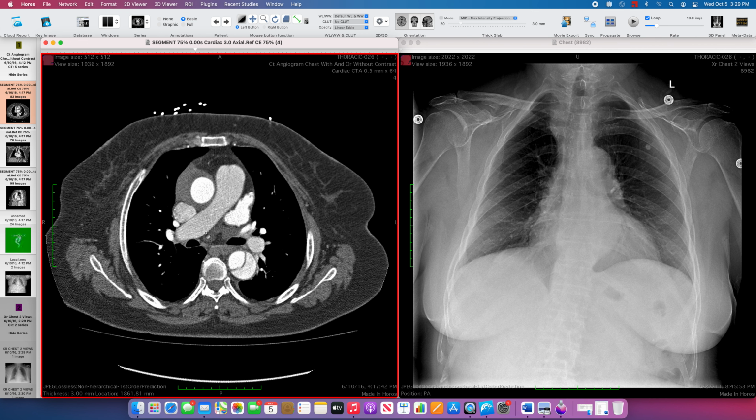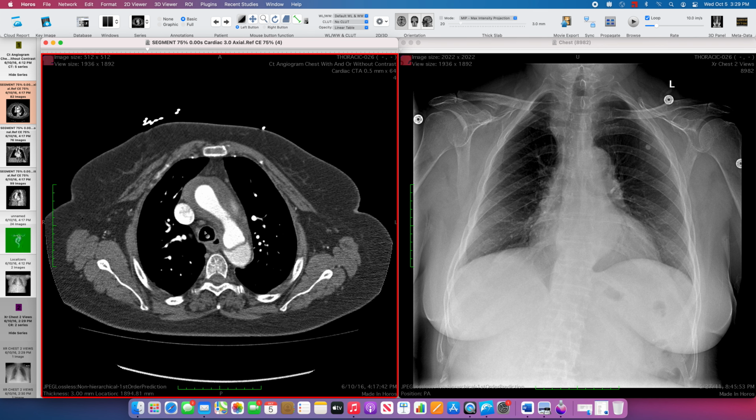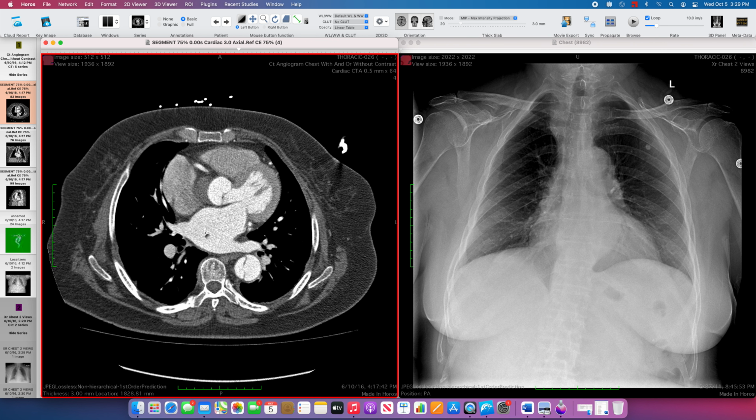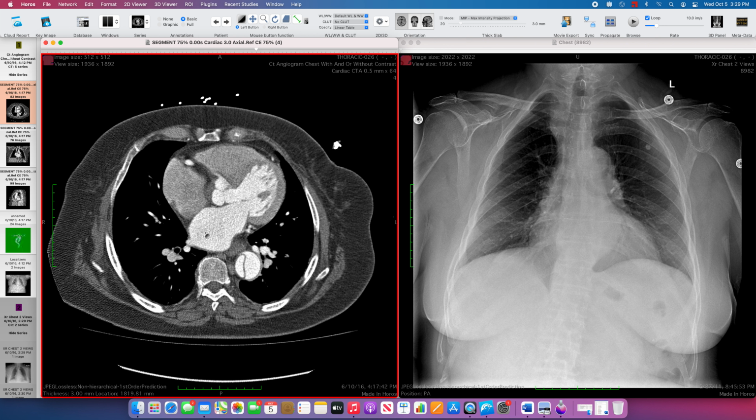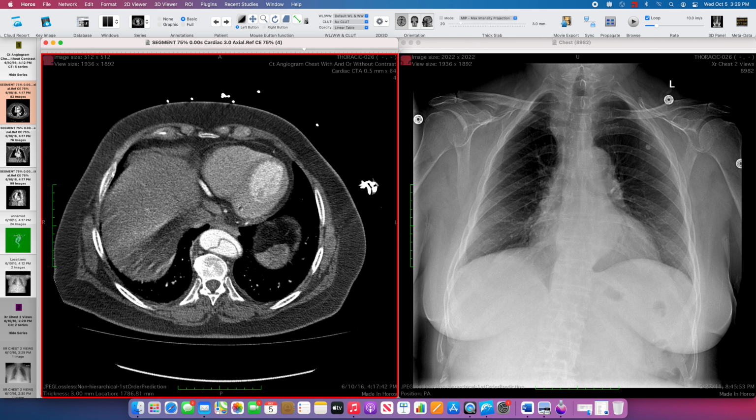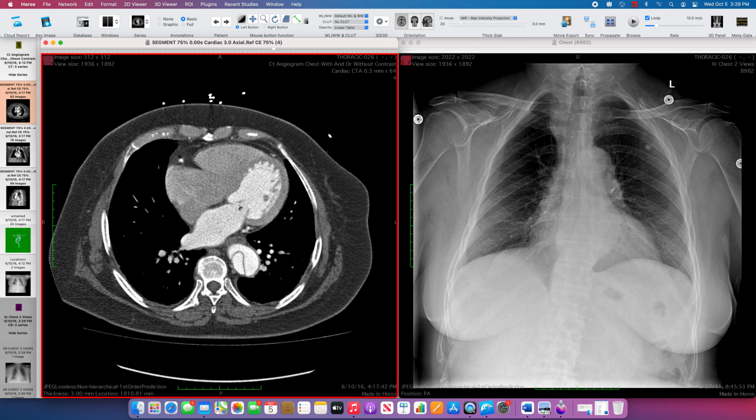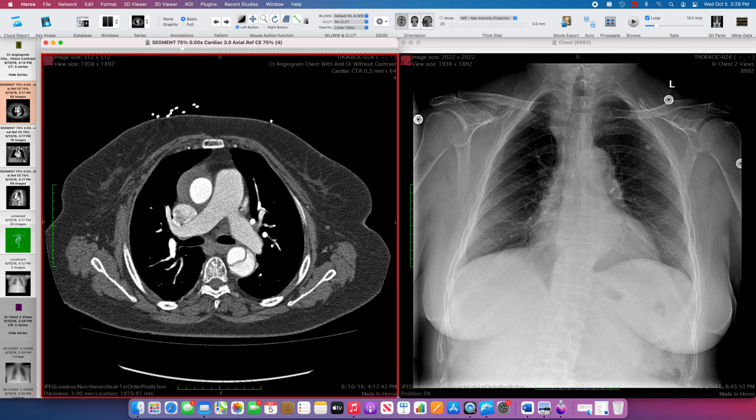So, altogether, this is a Stanford A thoracic aortic dissection, which does not involve the coronary arteries or demonstrate hemopericardium. Excellent. Thank you.